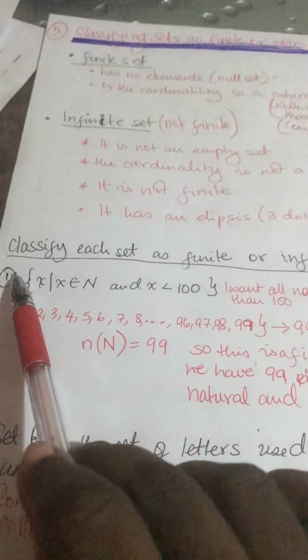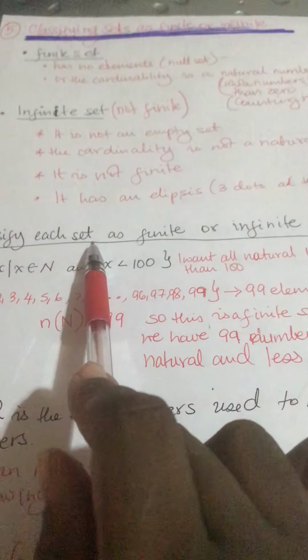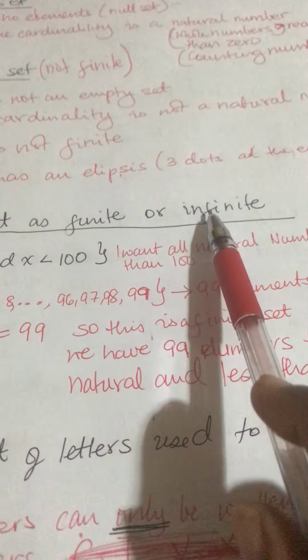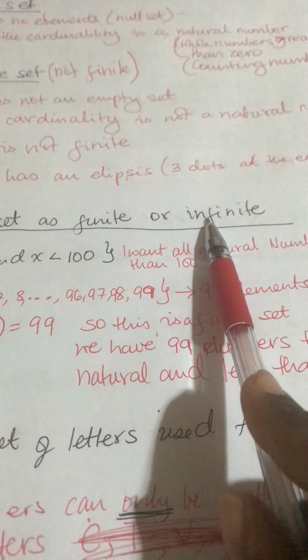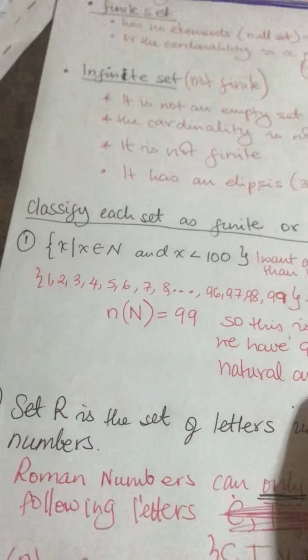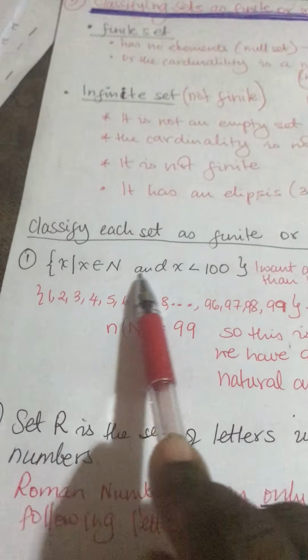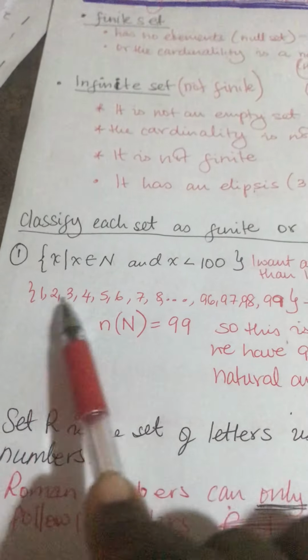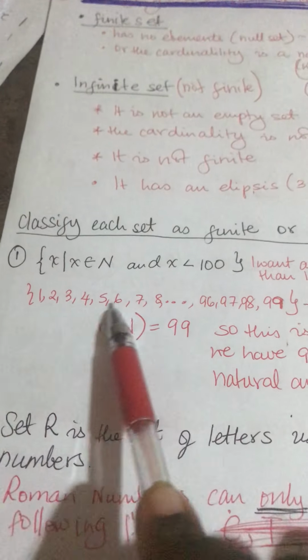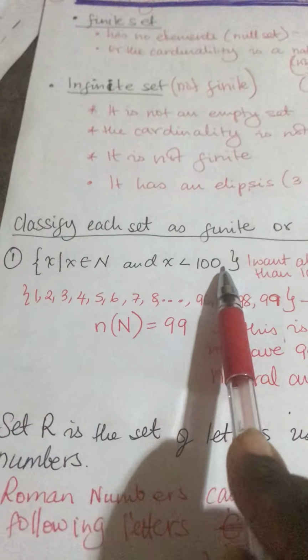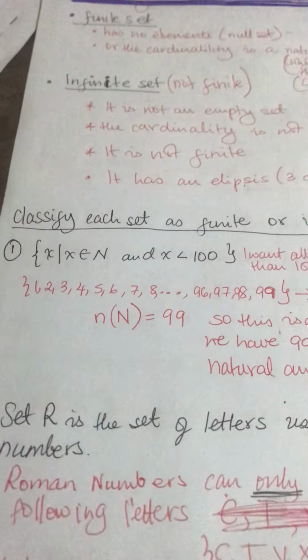All right. So here are examples. Classify each set as finite or infinite. Okay. So what kind of notation is this? Set builder notation. You should know when you look at it what kind of notation it is.